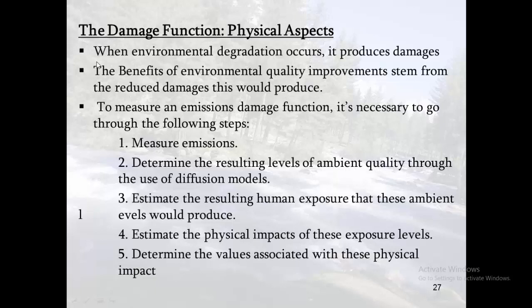When environmental degradation occurs, it produces damages. Whenever a project is launched and it results in environmental degradation, it will produce damages. The benefits of environmental quality improvement stem from the reduced damages this would produce.